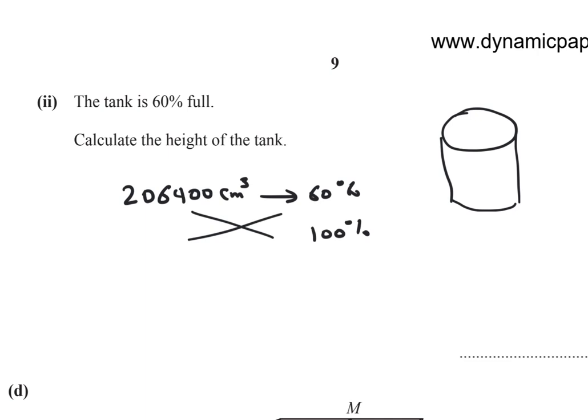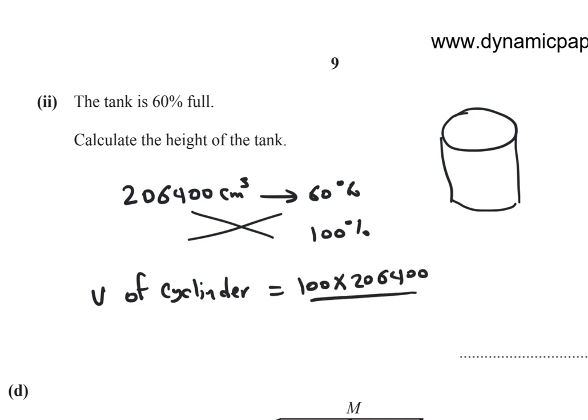So the volume of the cylinder equals 100 times 206,400 divided by 60, which equals 344,000 cubic centimeters.